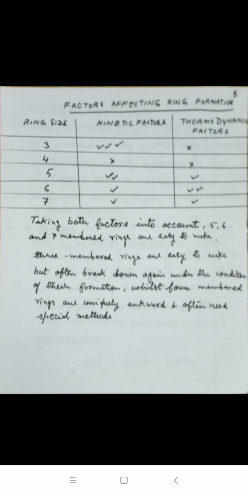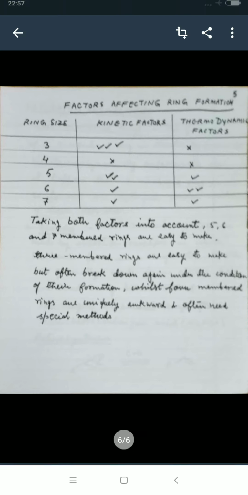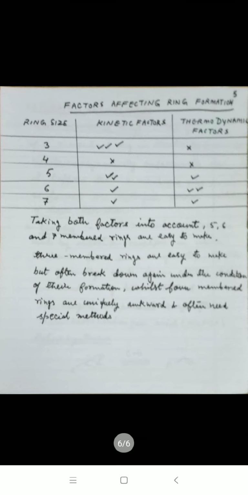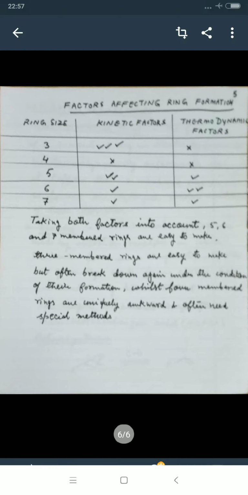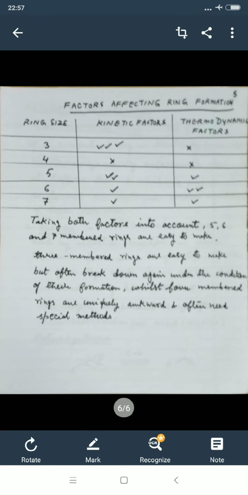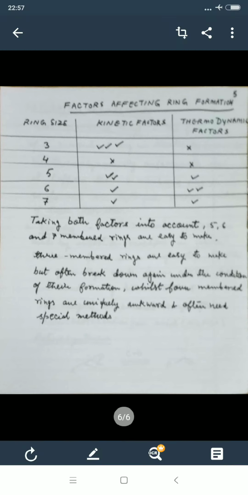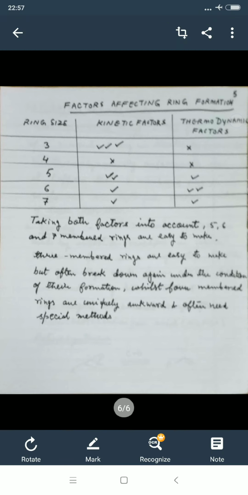Now, next we are taking the factors affecting the ring formation. Suppose you are having the ring size 3, and this is the kinetic factor and this is the thermodynamic factor. So if your ring size is 3, then it is kinetically favored 3 times and thermodynamically it is not suitable. For a 4-membered ring, neither the kinetic factor nor the thermodynamic factor favors the ring formation.